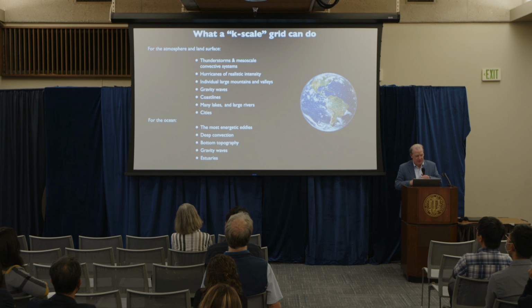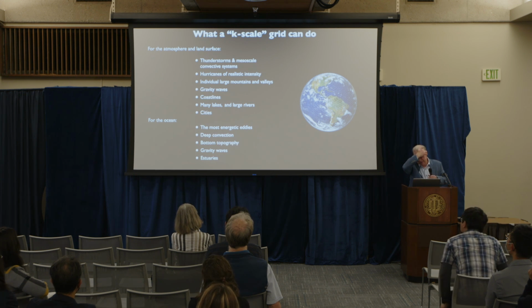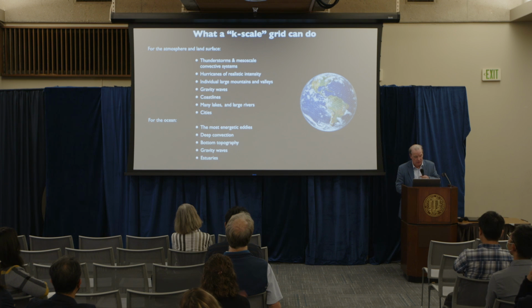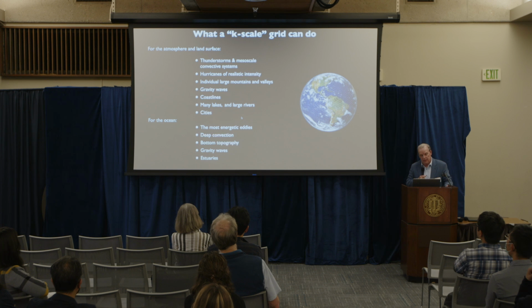So for the atmosphere and land surface, with a K-scale model, you can do thunderstorms and things. You can do hurricanes with realistic intensity. You can resolve the topography pretty well. So Longs Peak in Colorado is resolved, at least crudely.